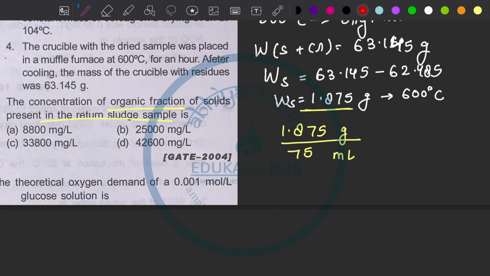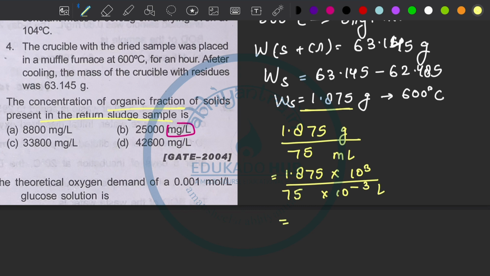Now what we have to do is change this gram per milliliter to milligram per liter. So 1 gram, in gram there is 10 to the power 3 milligrams, and in milliliter there is 10 to the power minus 3 liters.